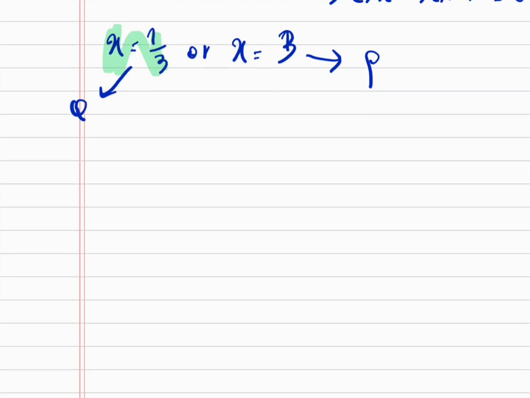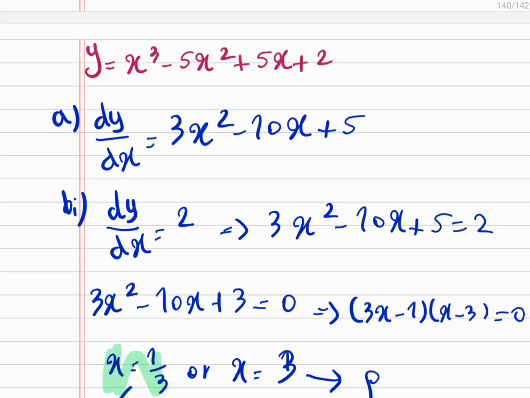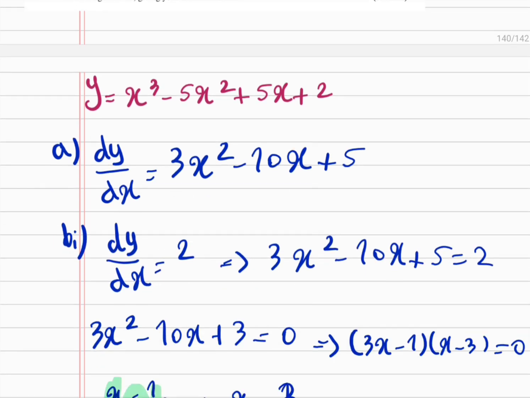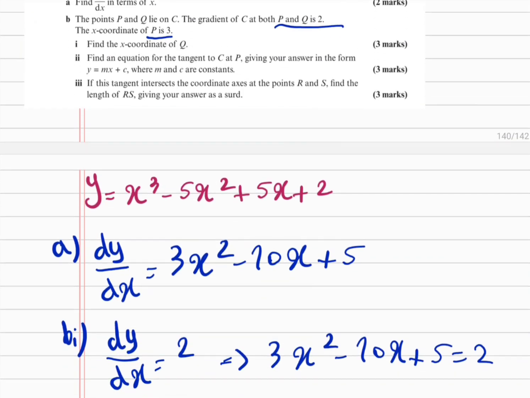Okay, now for the second part of the question, we want to find an equation for the tangent to C at the point P, giving your answer in this form. So we just need to substitute the coordinates of point P and the gradient into the equation of the line to get that.